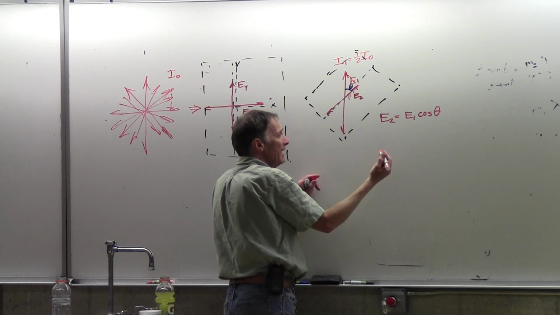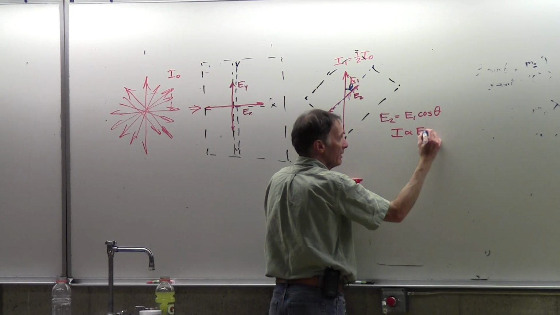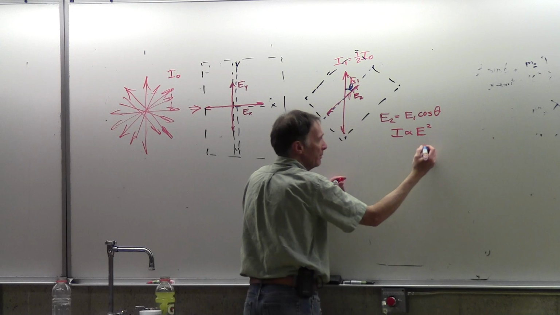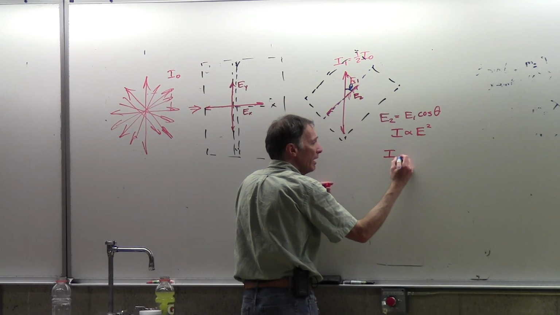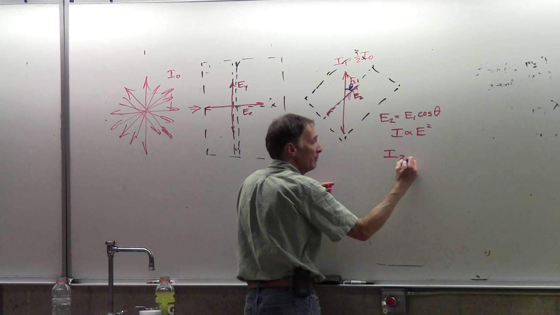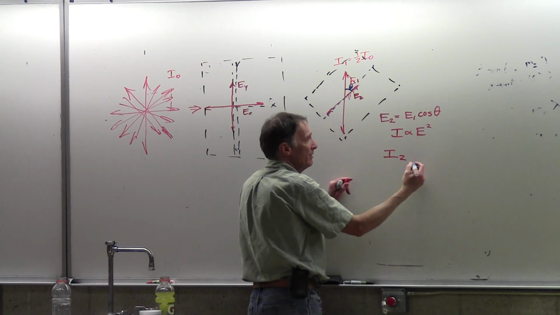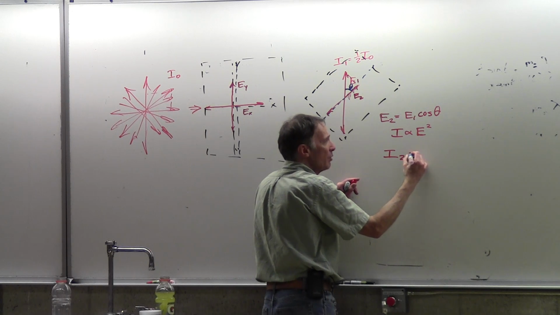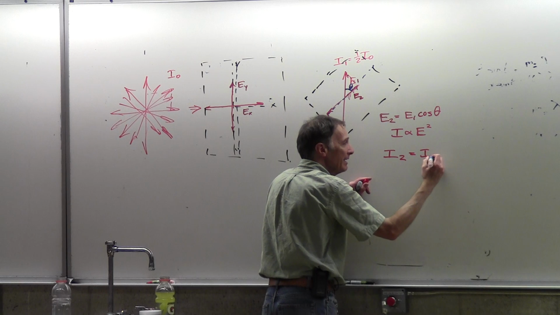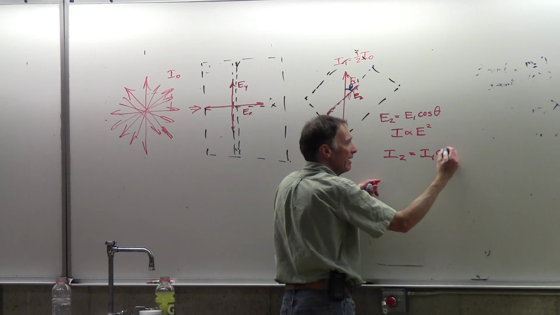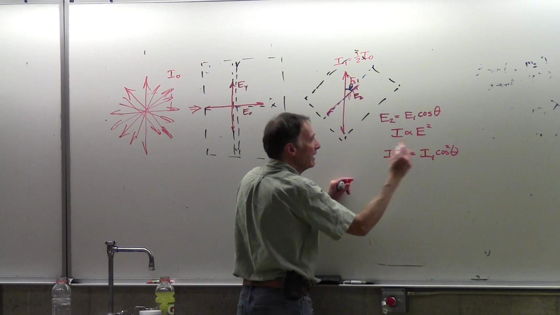In terms of the intensity is proportional to the square of the electric field, square of the amplitude. So the idea that I2, the intensity from the second one, is going to be proportional to the square of this, which is going to be proportional to the square of that, which will be the intensity 1 times the cosine squared of the angle between them. So this is one you want to get used to.